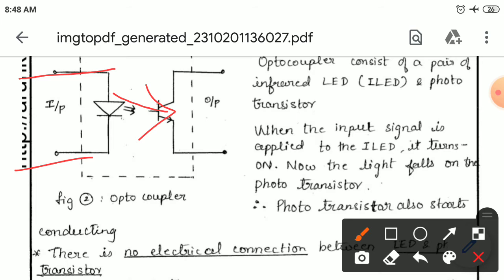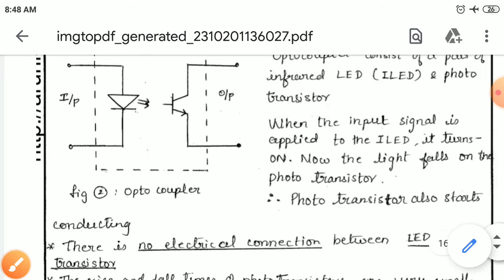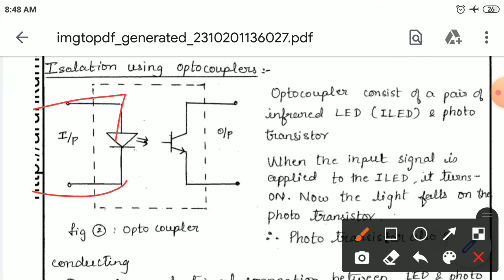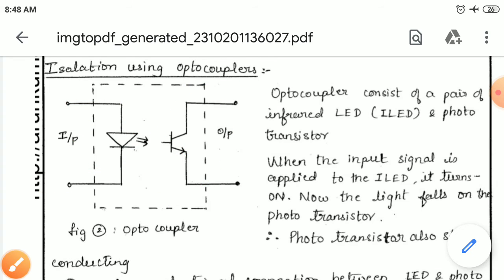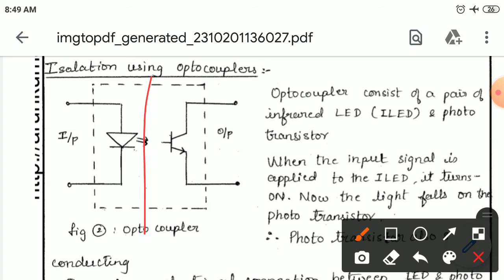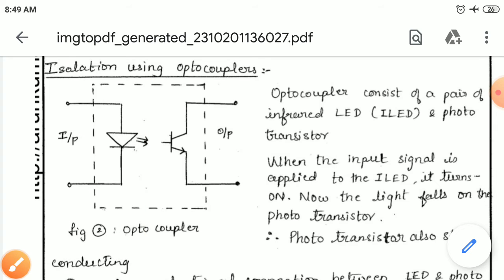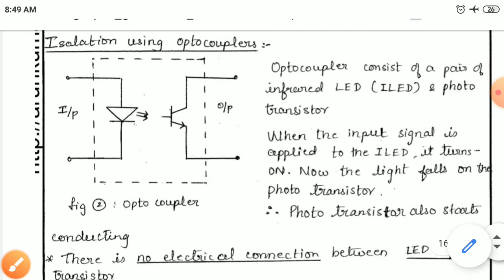If any fault occurs and you turn off the supply to the LED, the light emitting diode will not emit any radiation, so your BJT will not operate. So here also isolation happens. That is the technique used in isolation using the optocoupler.